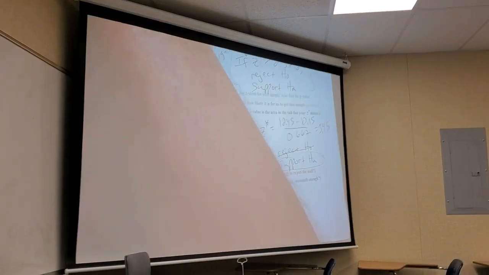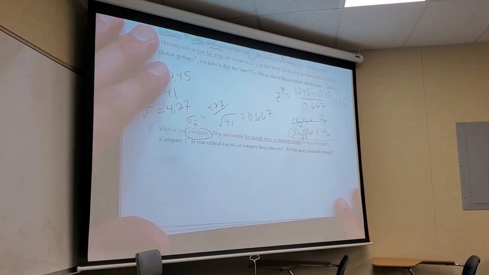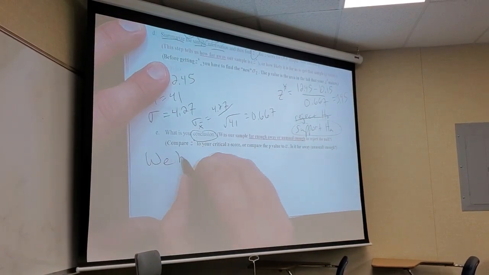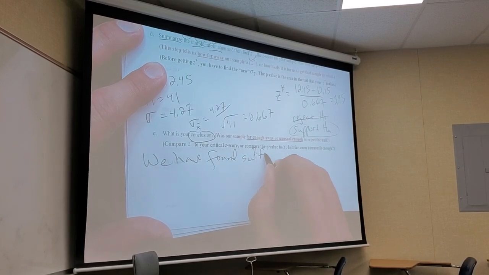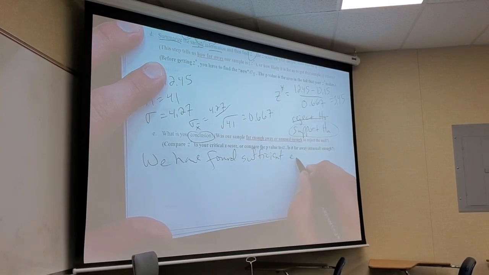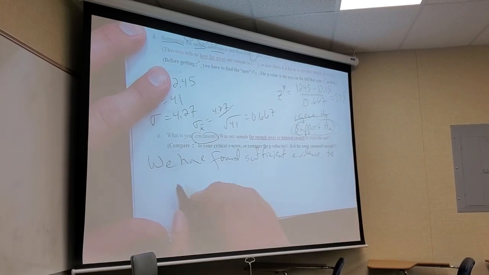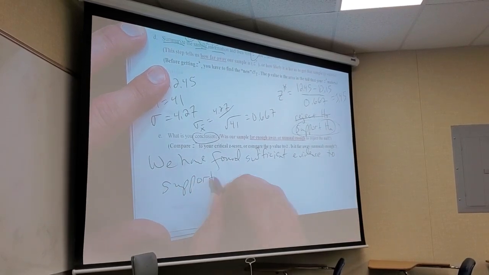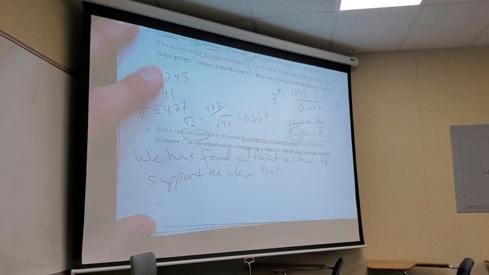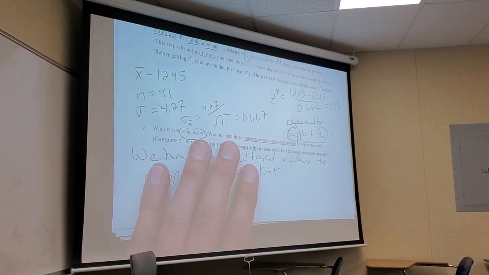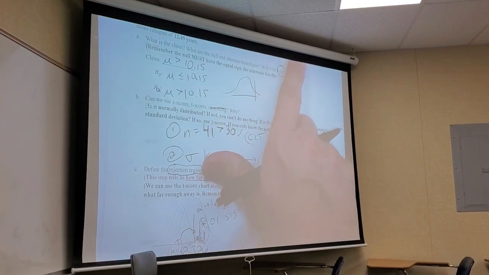So here we go. Here's how this is going to be. This is going to be a lot like the confidence interval. You've got to write a conclusion. We have found sufficient evidence to support the claim that the northern Minnesota coyote lives longer in captivity if they're given more room to roam.